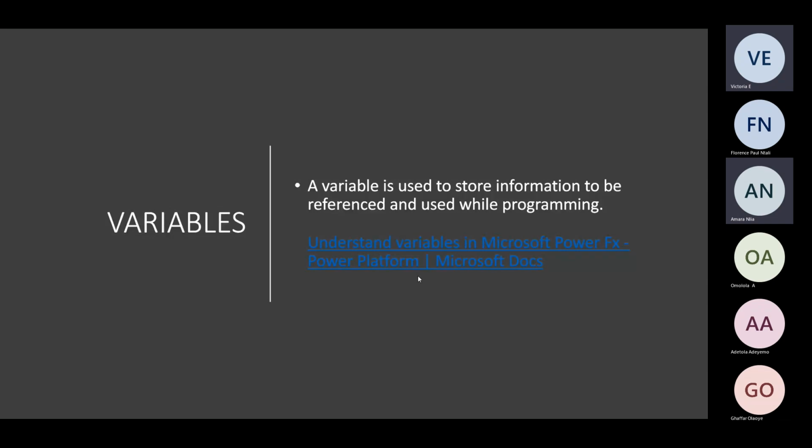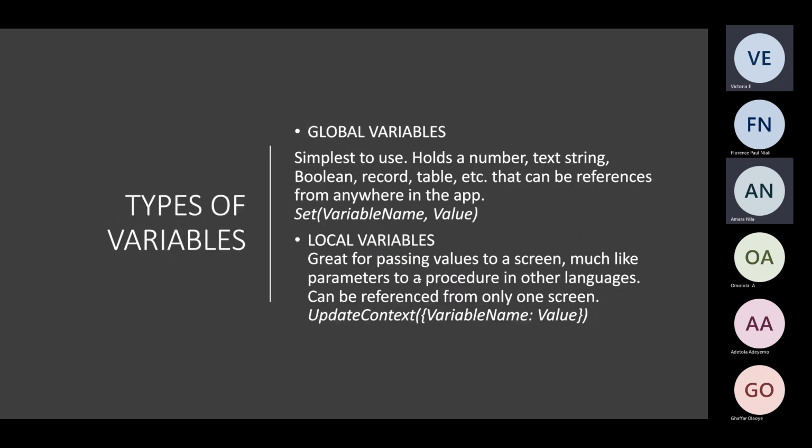We have two types of variables. The first one is the global variable, and the second is the local variable. It is just very simple. Global variable is the simplest to use. You can use it to hold a number, a text string, Boolean, record, table, anything. But a global variable can be referenced anywhere in the application.